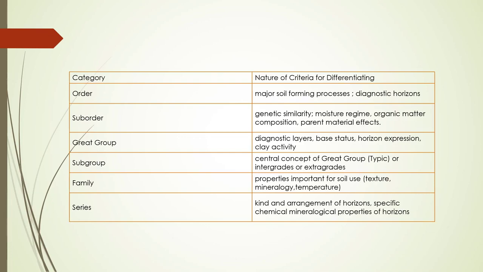This is diagnostic horizons. Family is properties important for soil use, such as texture, mineralogy, and temperature. And series is the other one that we're looking at, and that's kind and arrangement of horizons, specific chemical and mineralogical properties of horizons. We'll talk a little more about that in a minute.